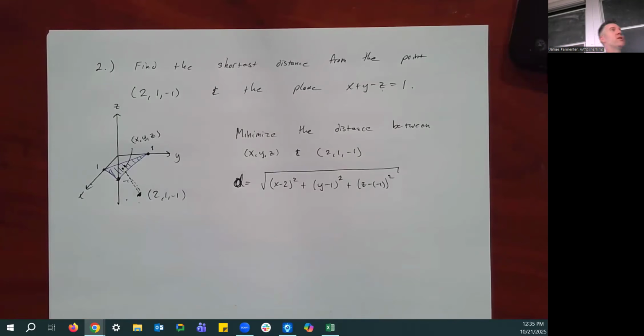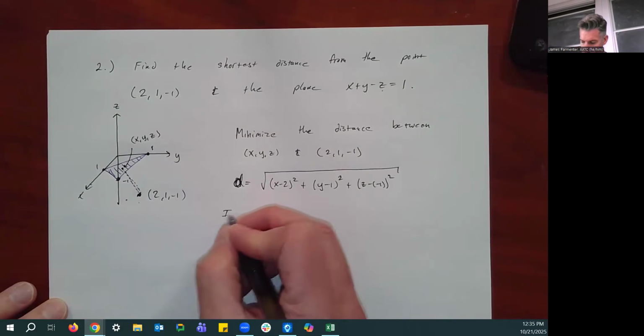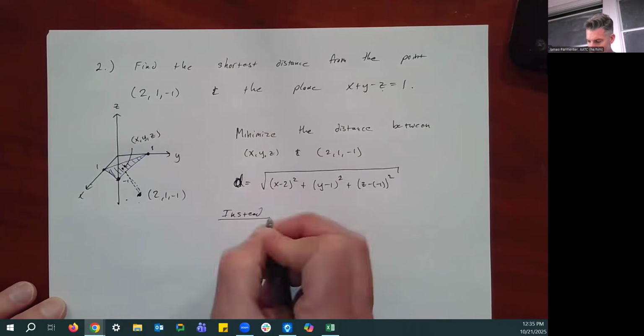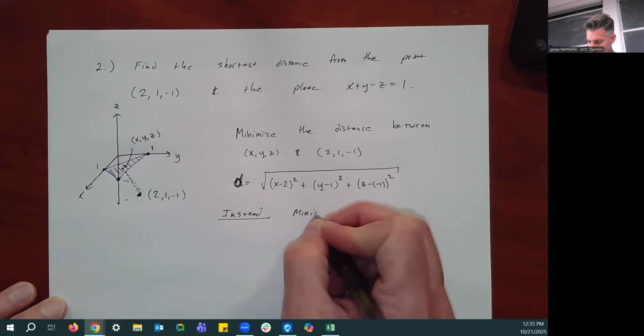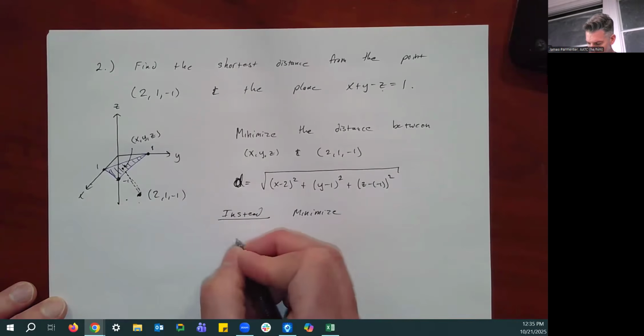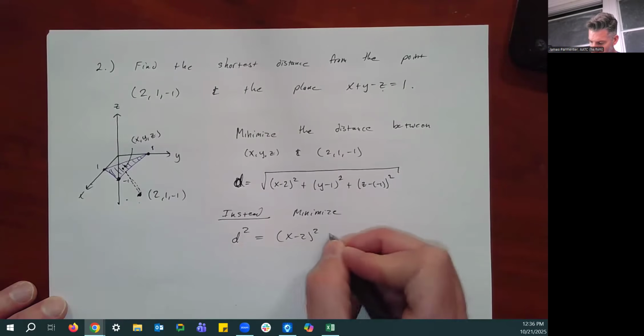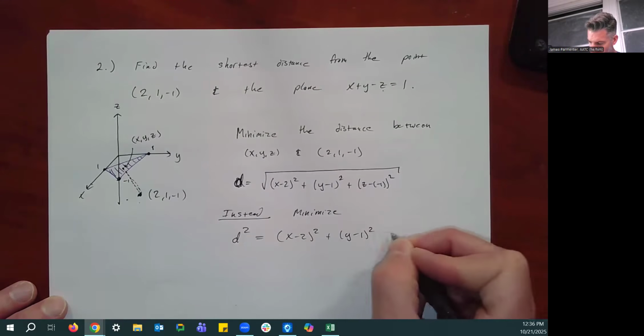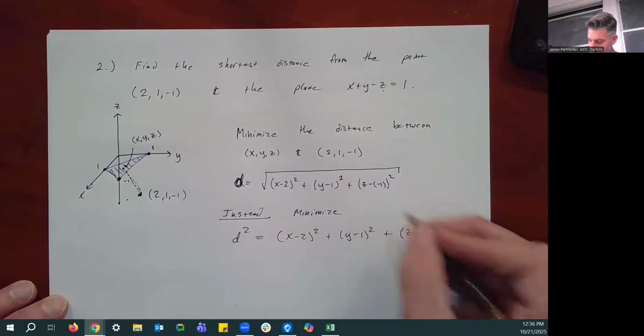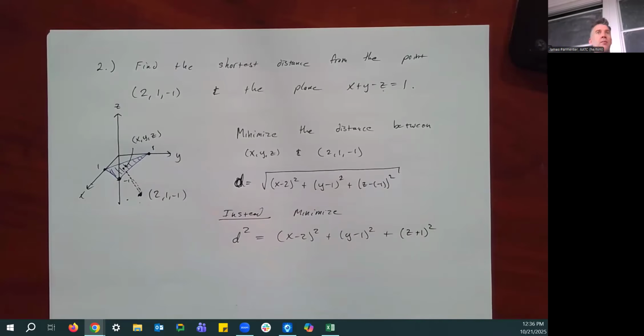So that's always true. So in other words, instead, we can minimize the distance squared, which is just x minus 2 squared plus y minus 1 squared plus z plus 1 squared.